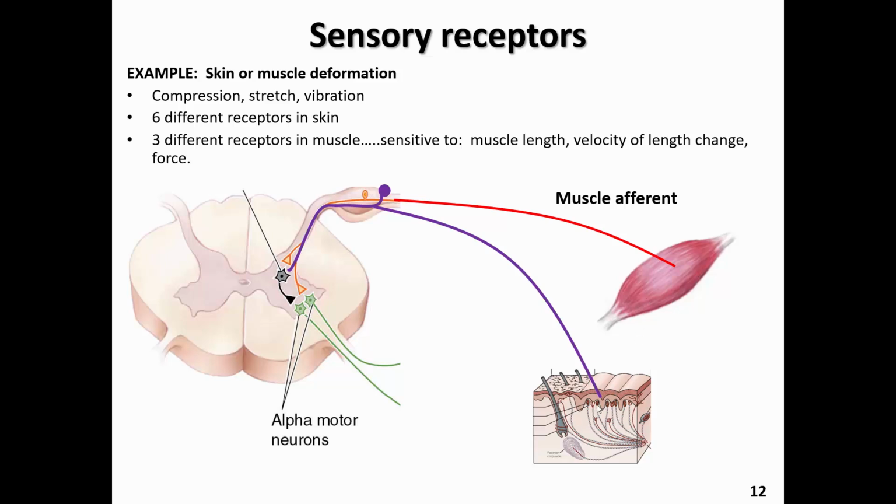If we take a look at this depiction of the skin, we also have a skin afferent, and when these sensory organs are triggered by, in this example, mechanical stimuli, they will send a series of action potential trains towards the central nervous system.